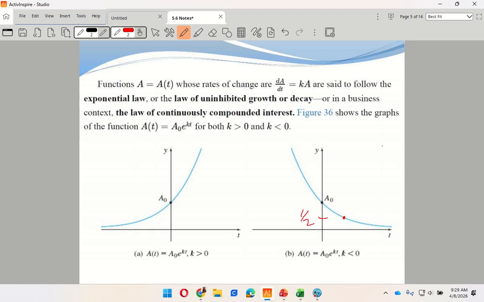But then we're not looking for that. We're looking for, because we know this value and this value right here, we're looking for right here, 20%. That's what we're looking for. Look at the time at 20%. And that's why I needed to find a K first.